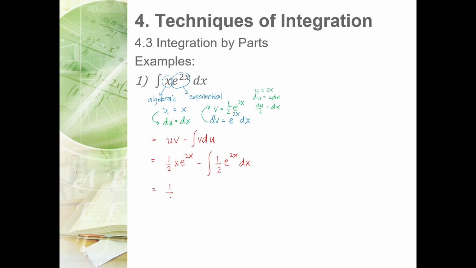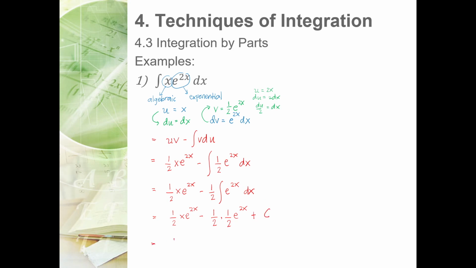Okay, so this is 1 half x e to the power of 2x minus 1 half integral of e raised to 2x. So this will give us 1 half x e raised to the power of 2x minus 1 half times 1 half e to the power of 2x plus c.